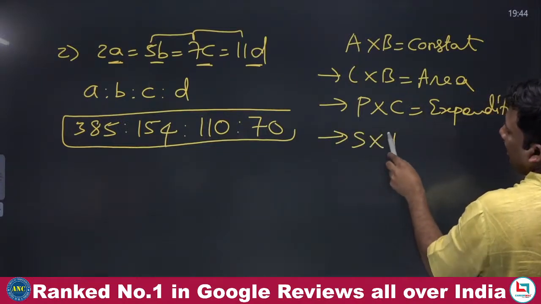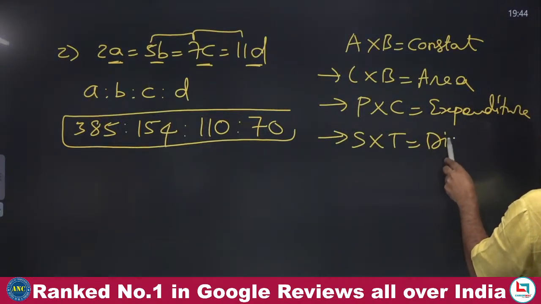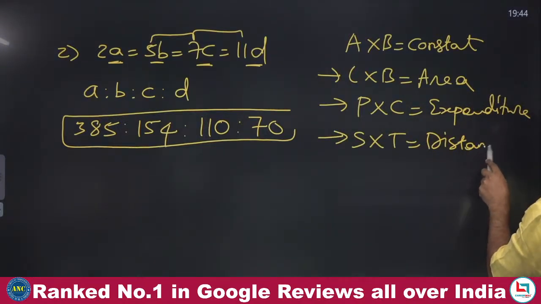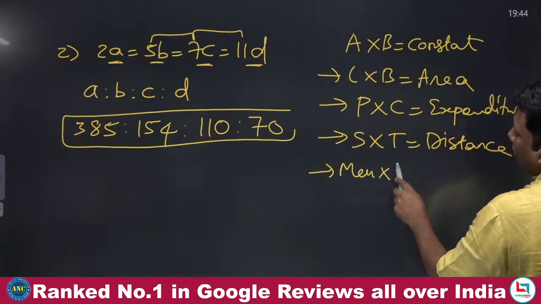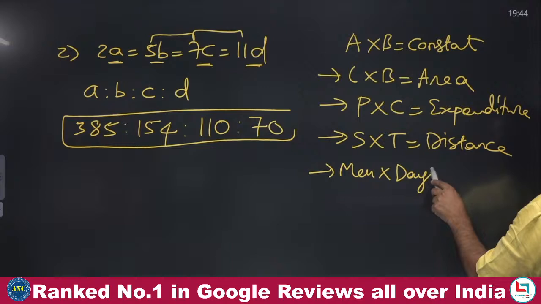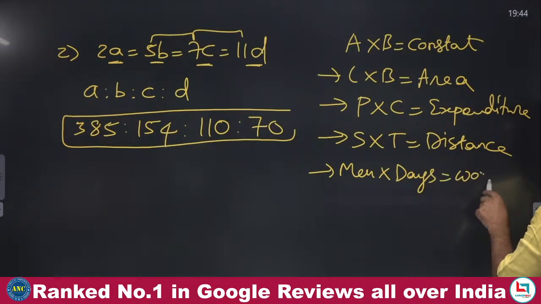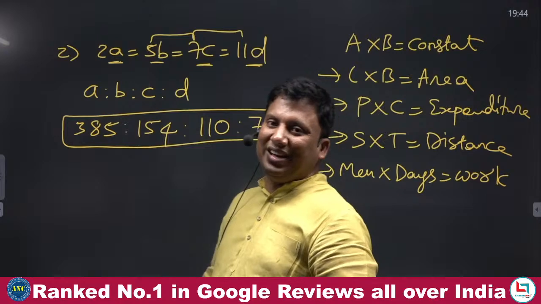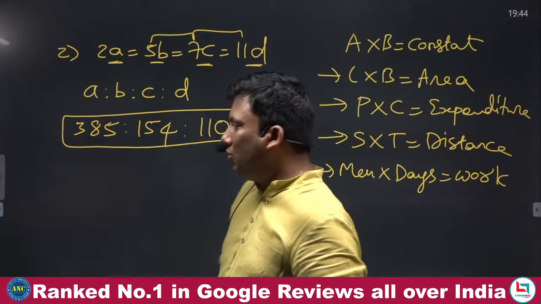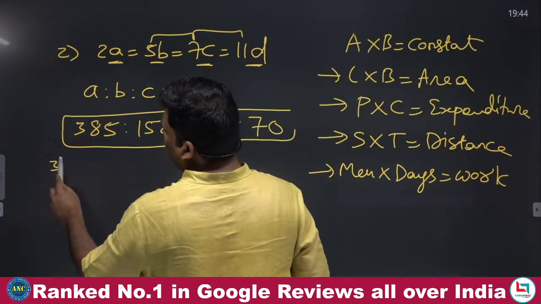Speed into time is equivalent to distance. Men into days is equivalent to work. Wherever the product of two parameters is constant, you can use this concept.